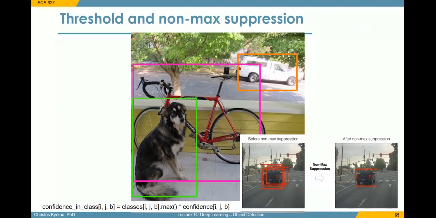And this has to be over a threshold, usually 0.5. And the remaining boxes that have a high confidence and high class score, we apply non-maximum suppression. So amongst a group of overlapping boxes, we only keep the one that has the highest score, as you see in the figure with the car. And this basically cleans up all the noisy detections.